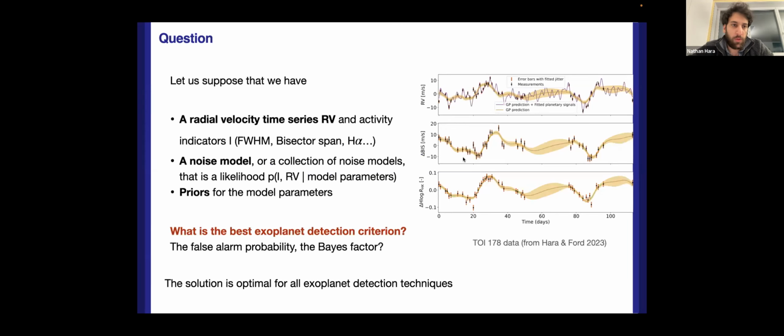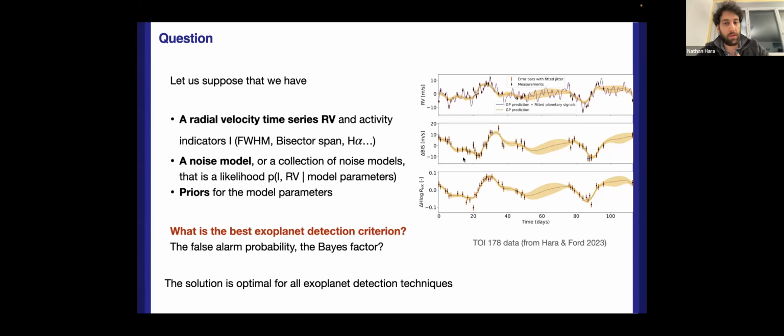Okay, so now for the decision problem, I will focus on my own work. And so where we start is the following. We have a radial velocity time series, we have indicators, we have done our reduction job. We have our noise model. We've done the modeling. We have a certain model or a collection of models.